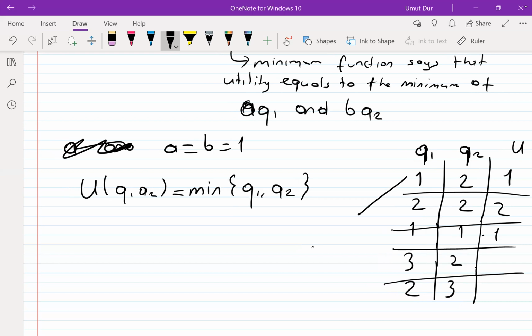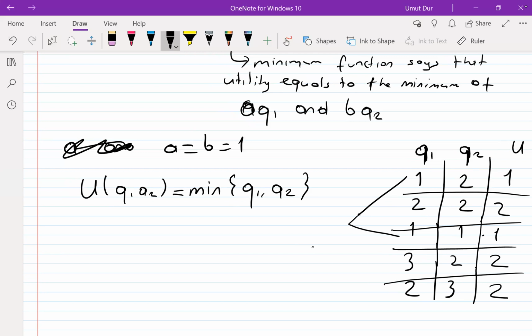If you compare the first bundle and the third bundle, you will see that we are getting exactly the same utility, although we are increasing the amount of good 2 here. What about the fourth bundle, 3 and 2? It is 2, which is the same utility as the second bundle. What about 2 and 3? It is 2.